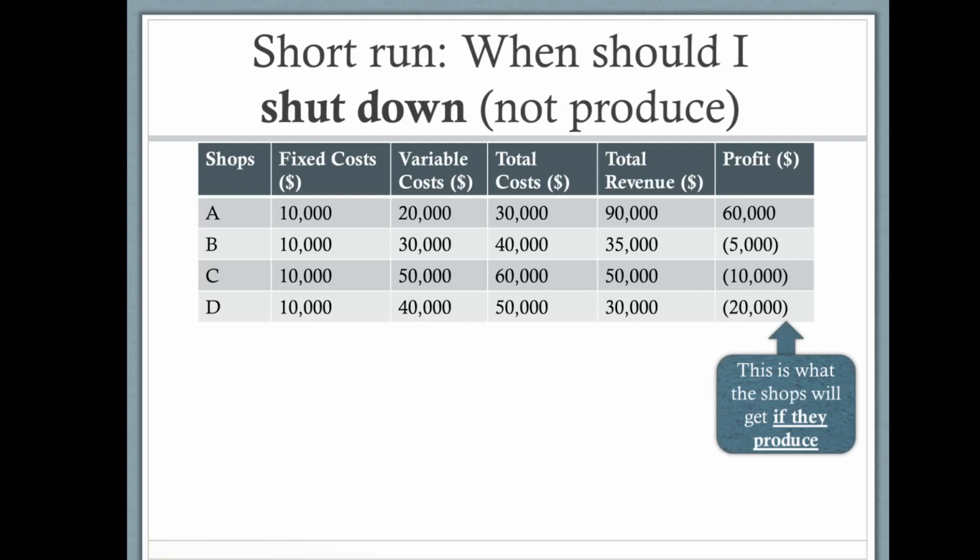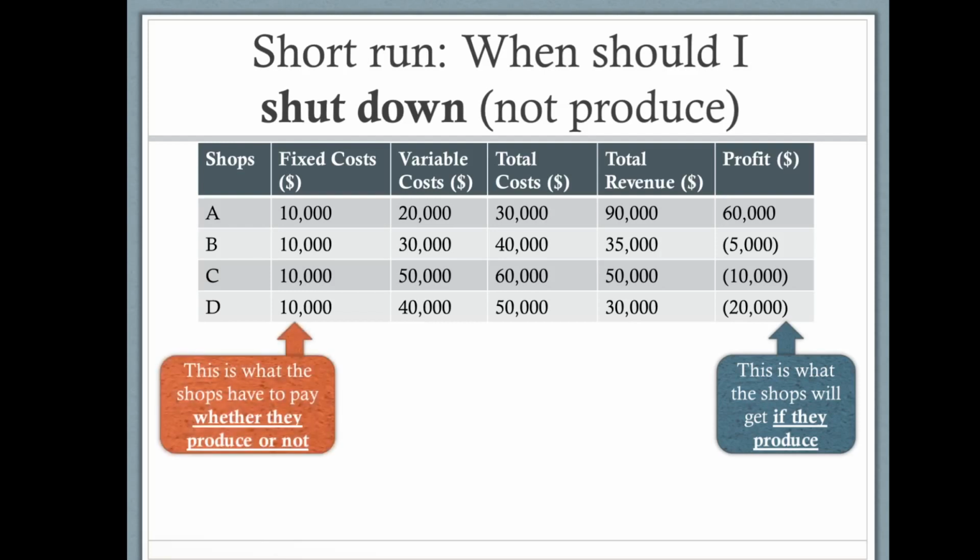If I do not produce anything, I still have to pay for something, and that is your fixed cost. The $10,000 doesn't matter whether you produce or not.